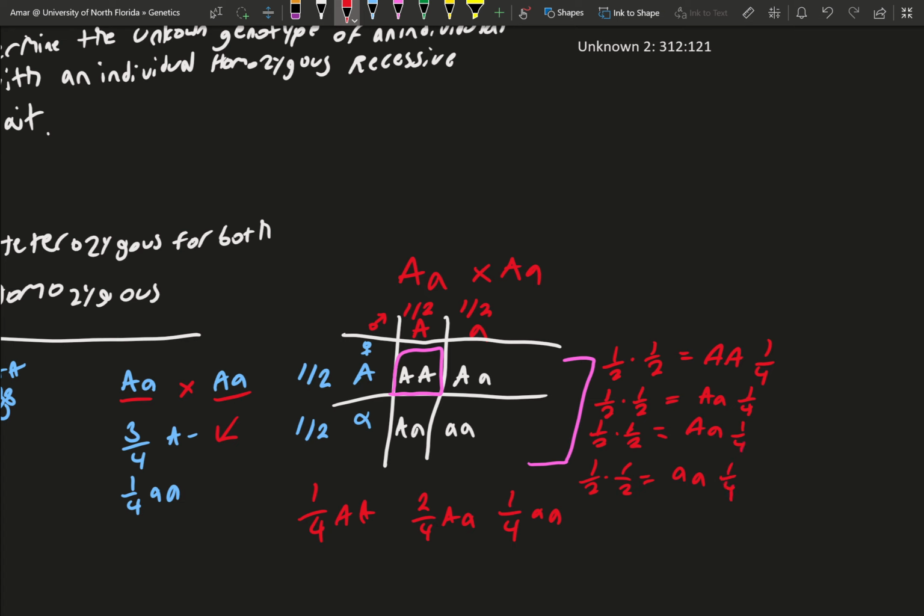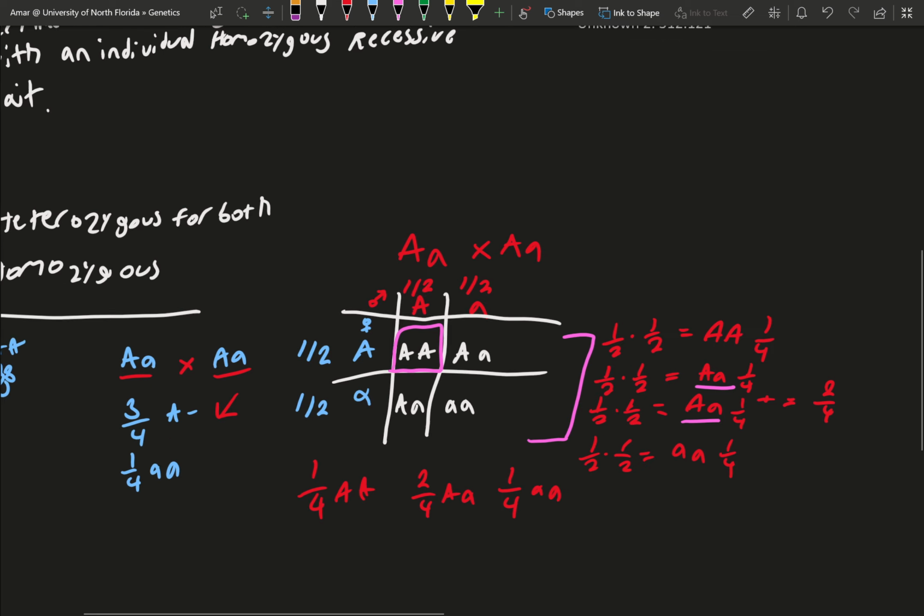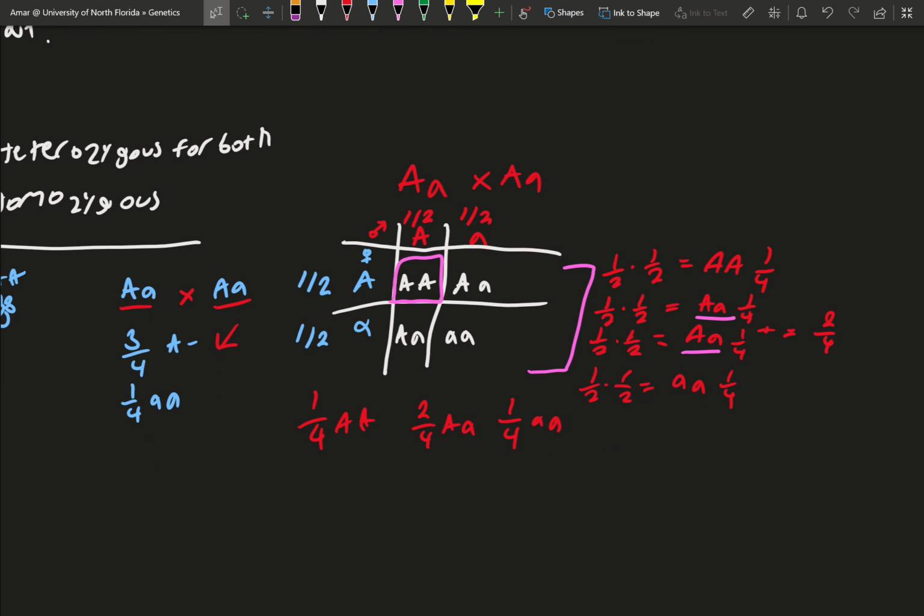And in genetics, whenever you have a situation where two genotypes are identical, that's a sign that you should add these fractions together. So 1/4 plus 1/4 is equal to 1/2, or also 2/4. So that's essentially how you get these sorts of crosses.